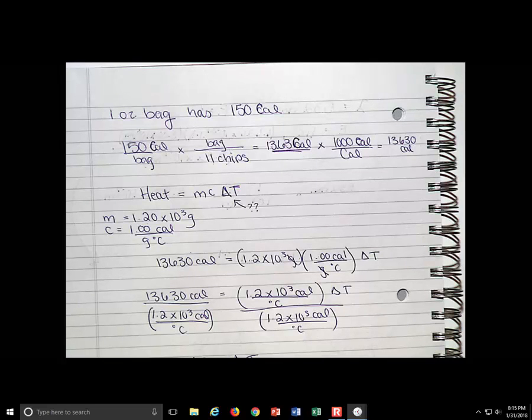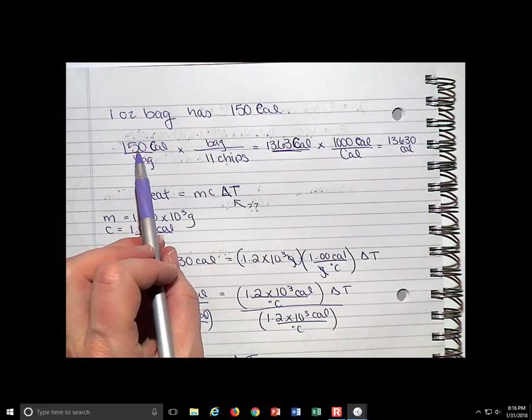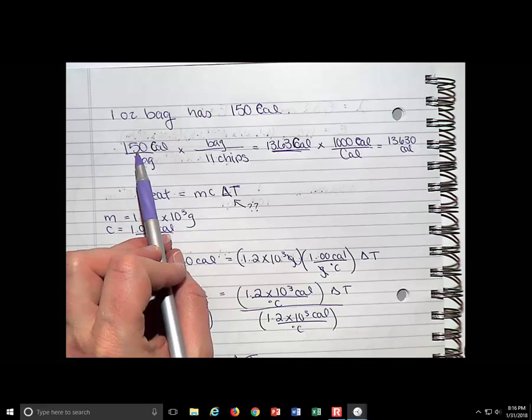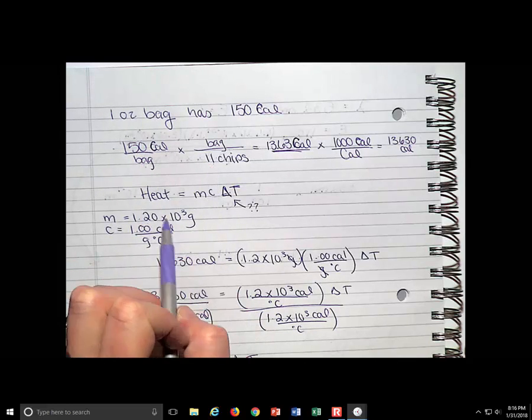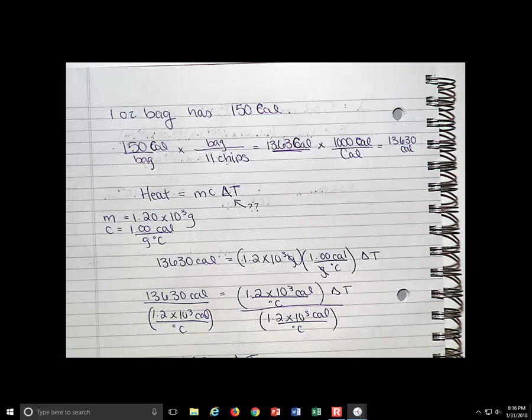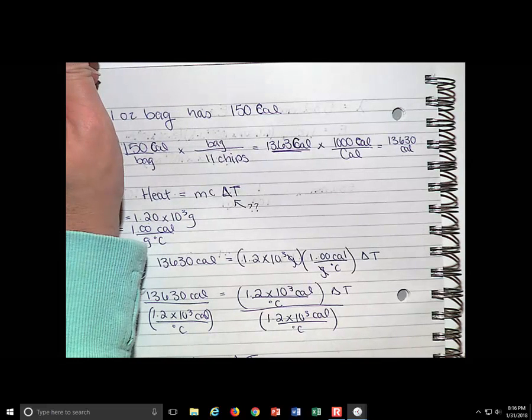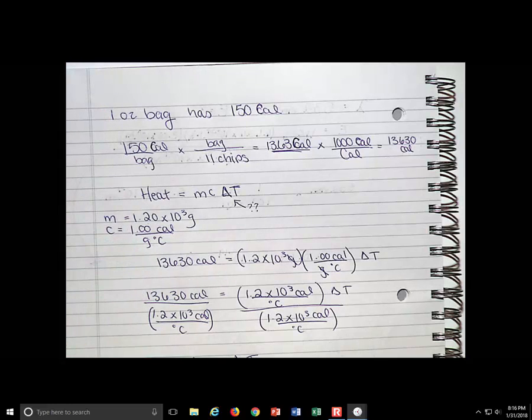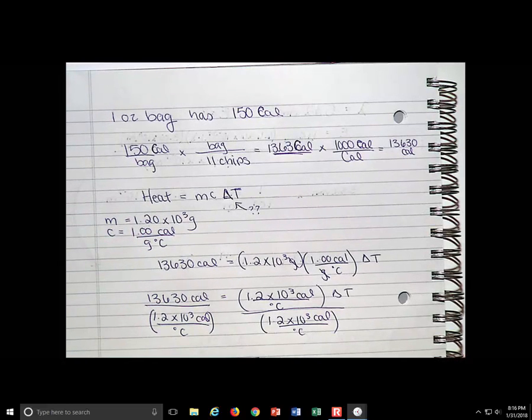And I get 11.36. Sig figs, this really has 2 sig figs. And that has 3, so I would want 2 sig figs, 11 degrees Celsius. I'm pretty sure this answer gives in, nope, 2 sig figs, good. So the answer should be A.